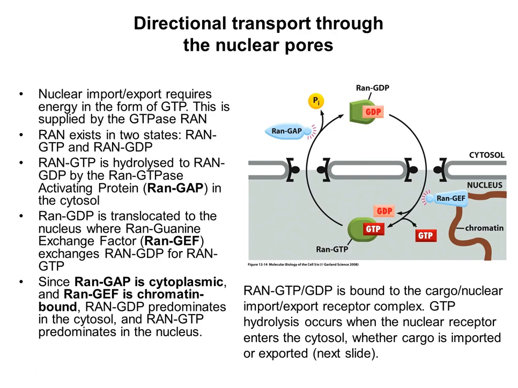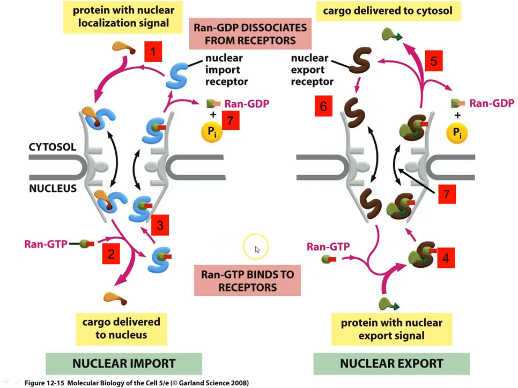And this is crucial when we get on to the next step of the directionality of the import and export process. Just be aware that this RAN protein is imported on the nuclear import receptor and exported on the nuclear export receptor, just like the other proteins, but as we'll see, it either travels on its own or with other proteins.